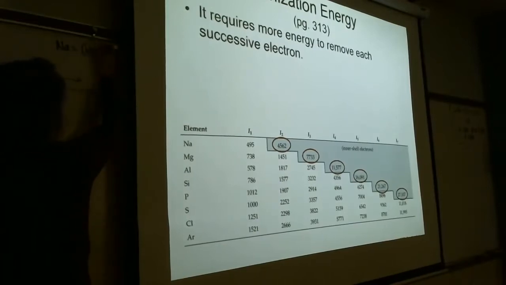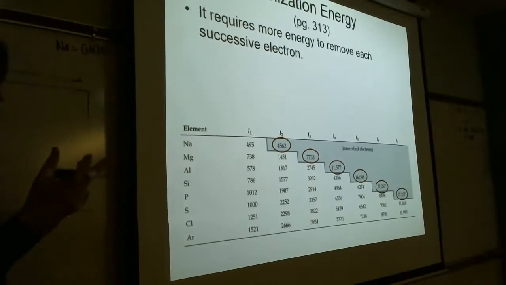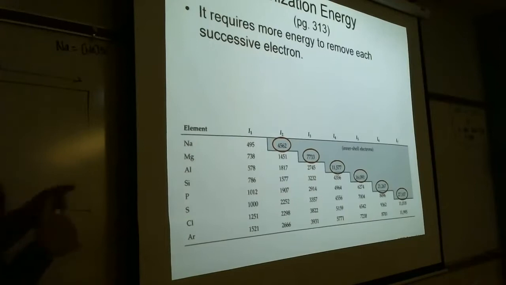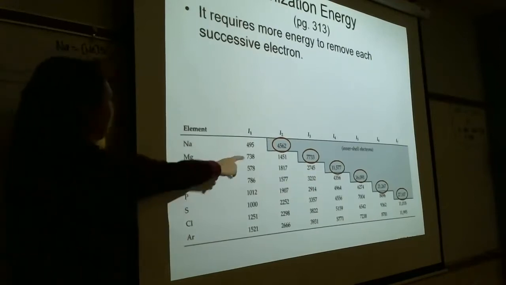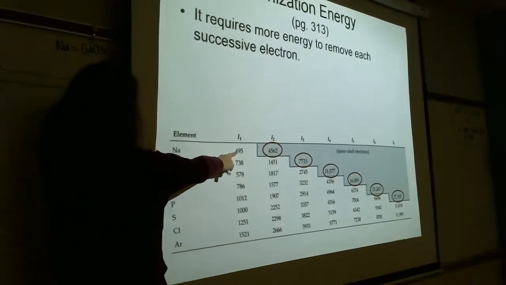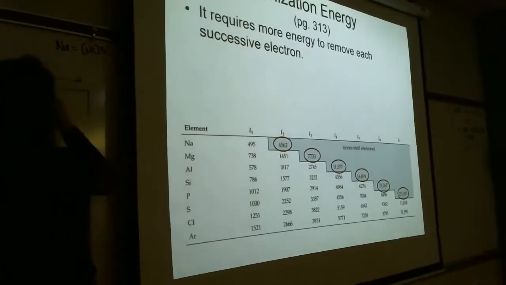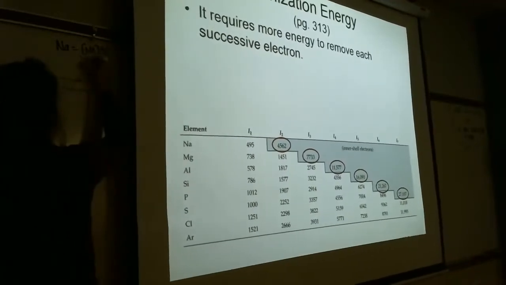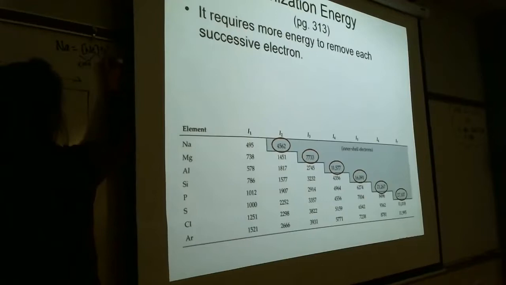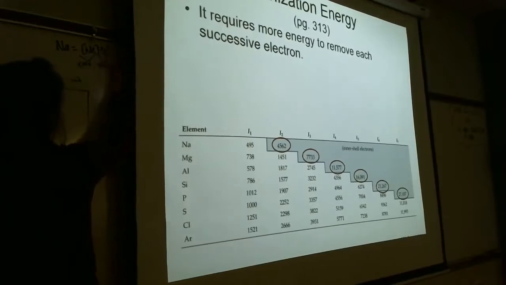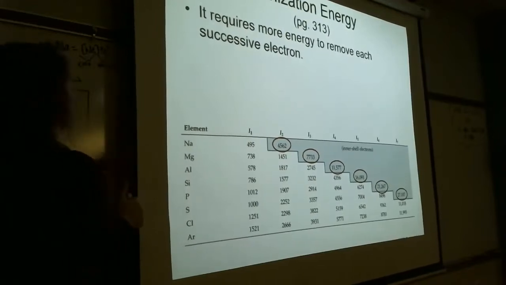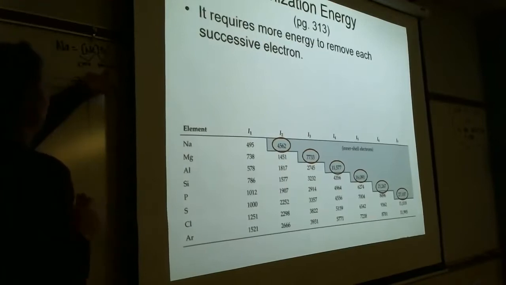Ne, and then what? 3s1, right? It's got one valence electron. So the energy required to remove that first valence electron is 495. Remember, these are all core, whereas these are valence. So that first ionization energy is getting rid of that valence electron.